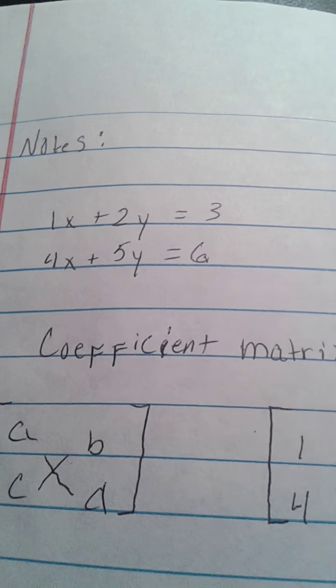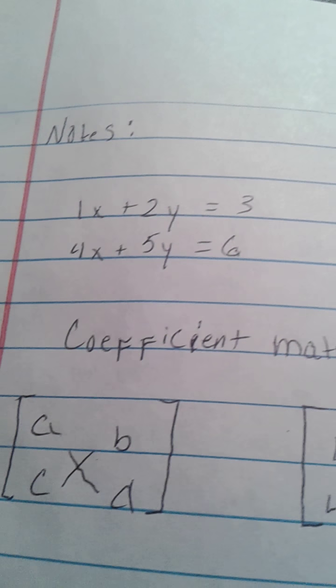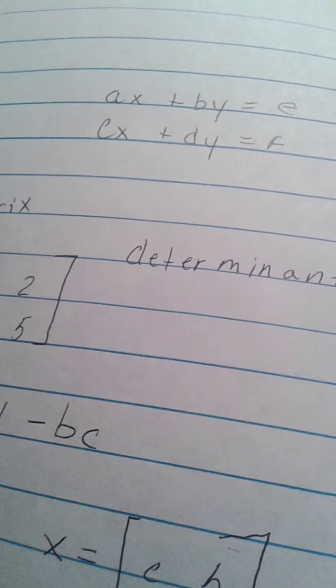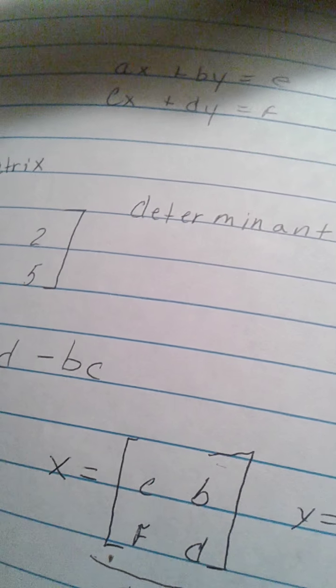So, for example, I have the equation 1x plus 2y equals 3, and then 4x plus 5y equals 6. And here is the formula that you have to use when dealing with the equation.